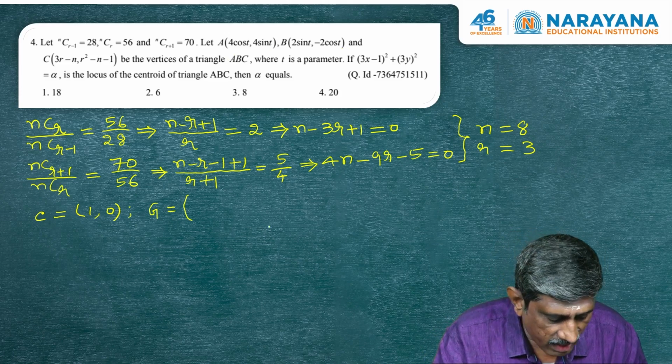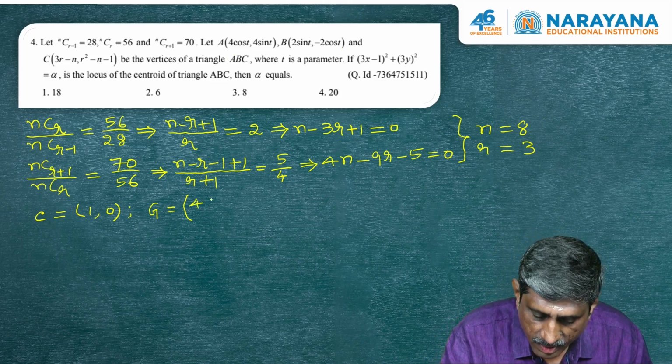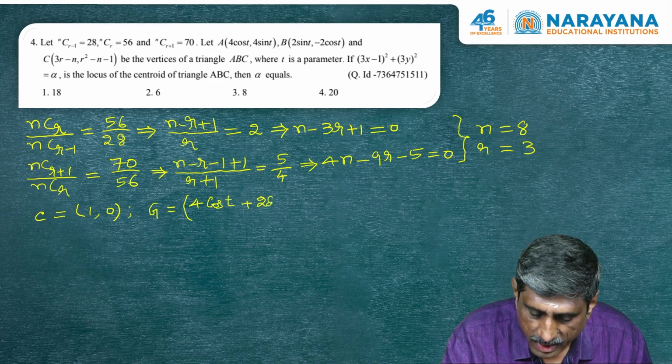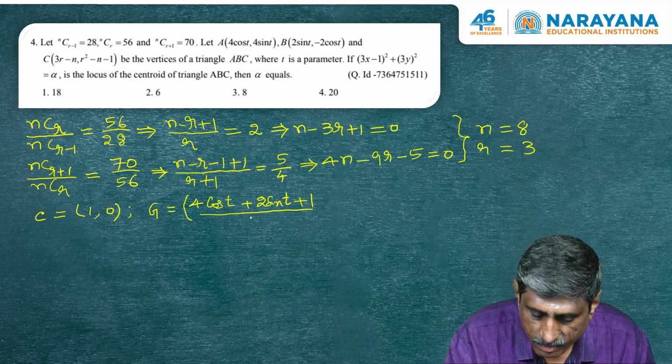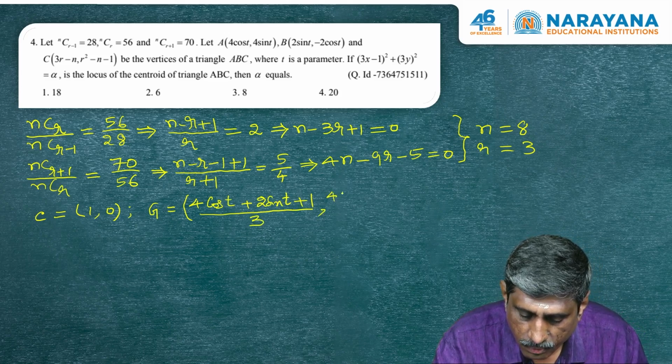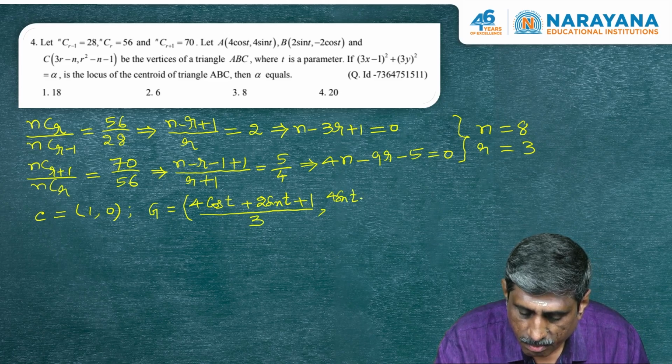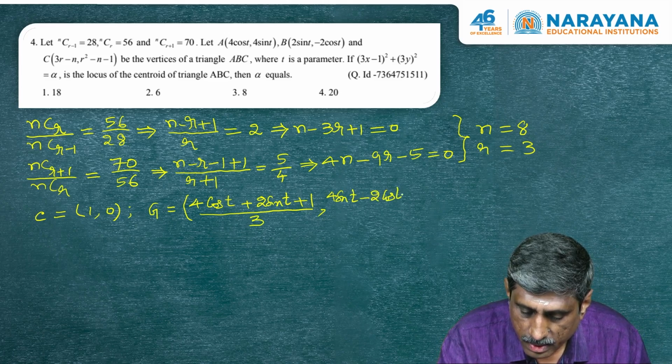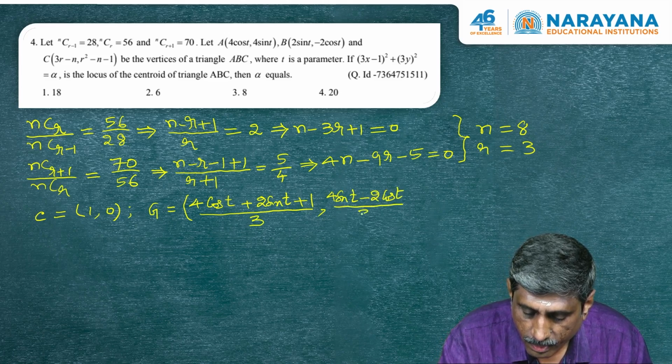Similarly, for B and C, when we simplify, we get the x coordinate as (4 cos t plus 2 sin t plus 1) divided by 3, and the y coordinate is going to become (4 sin t minus 2 cos t) divided by 3.